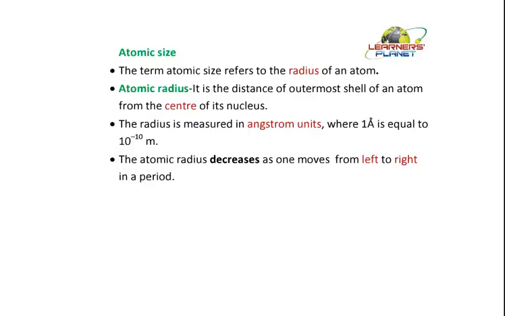Say I have drawn this atom. I have the nucleus at the center, and this is the valence shell. I hope you can get what the valence shell is now: the valence shell is the outermost shell of an atom.